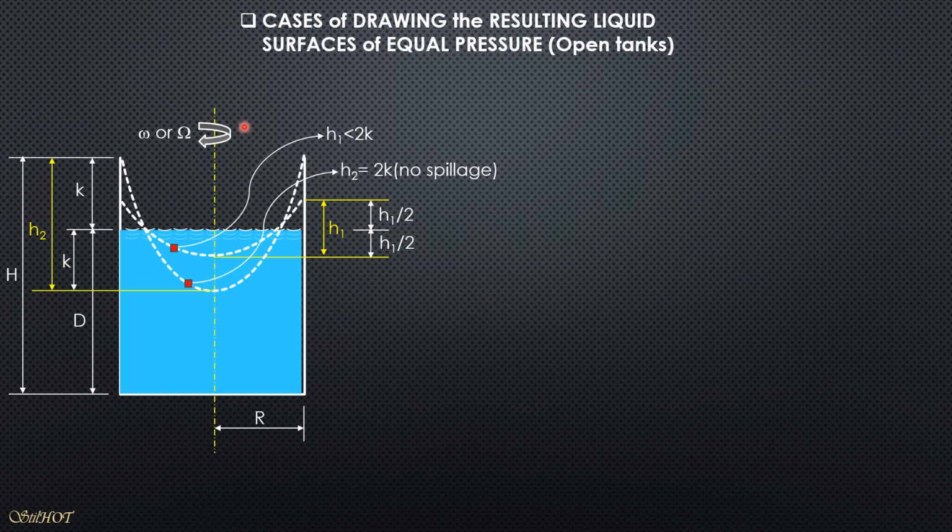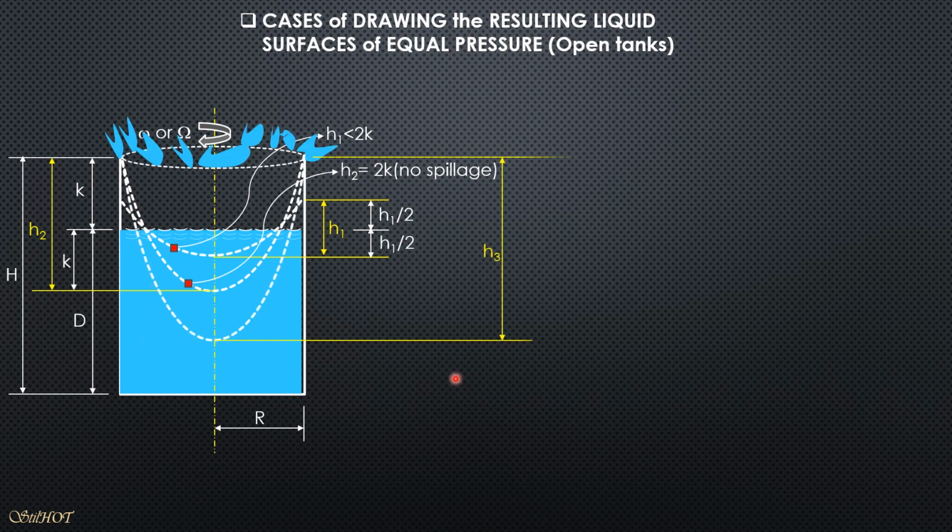Then when the tank is rotated such that the height of the imaginary parabolic surface will be greater than 2k but less than big H, we will call the height h sub 3. So a certain amount will now be spilled.